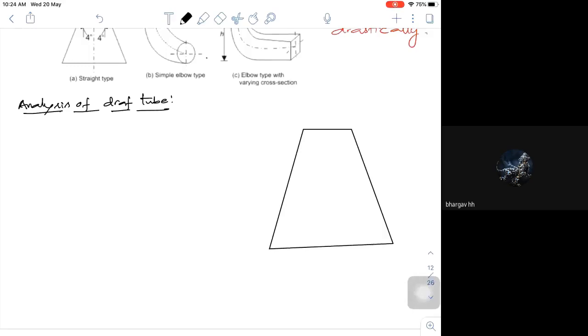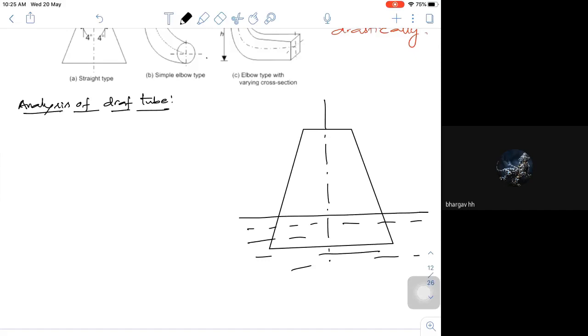Where is the tail race? The tail race will come something like this. And this is the axis of your turbine, which will coincide with the axis of your draft tube. This is your turbine exit, which is placed there.